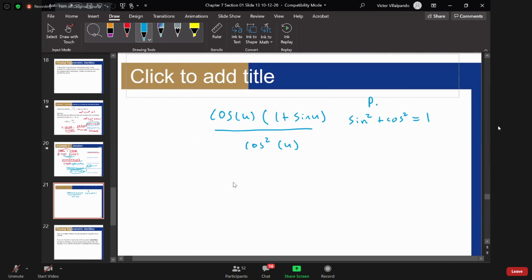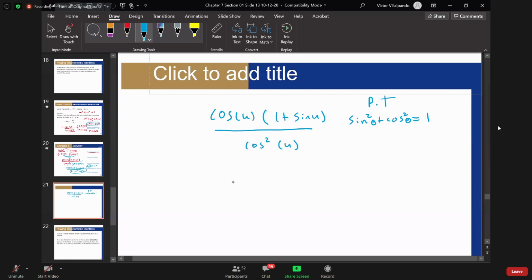We have the Pythagorean theorem and now the Pythagorean identity. It says sine squared plus cosine squared, I'm forgetting my variable theta, always equals 1. So I can solve for cosine squared by subtracting sine squared on both sides.